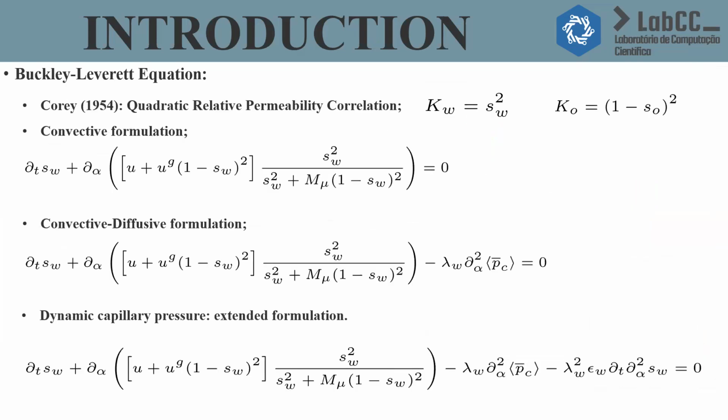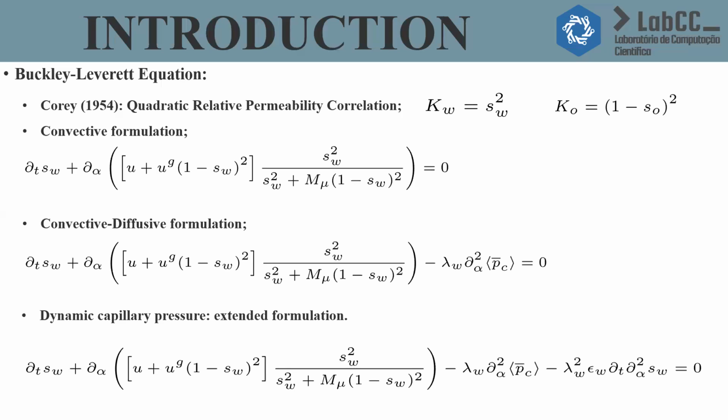All those equations are nonlinear equations, and this nonlinearity appears when we substitute the permeabilities using a correlation. In this case, it is the Corey correlation using an exponential term, where this exponent could vary depending on the relative permeability you want to represent.